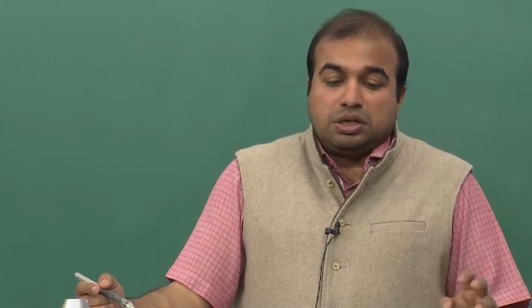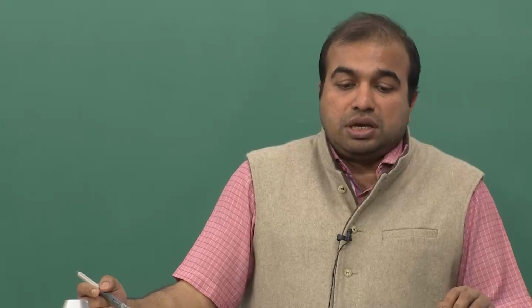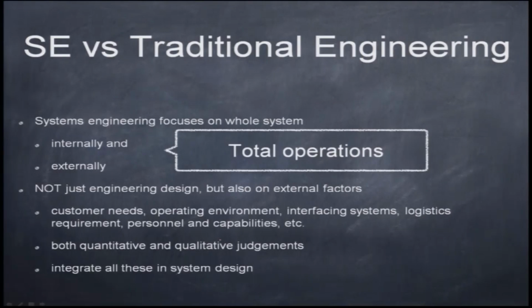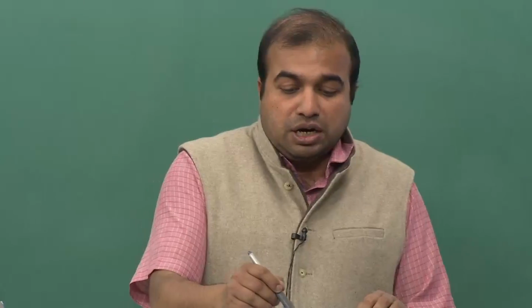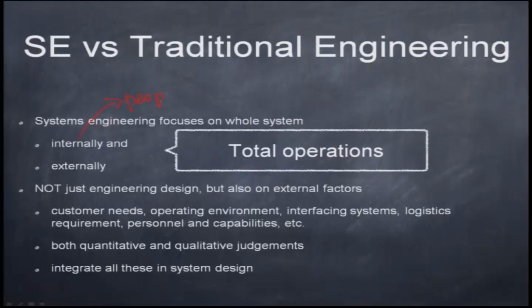So, quickly we will talk about how the systems engineering and the traditional engineering differs, and what are the similarities. The systems engineering always focuses on the whole system. It looks at the system internally, which is the people, processes and the products, sub-assemblies, and it also looks at it externally. So, the internal aspects is the people, processes and products or sub-assemblies, whatever you want to call it, whereas externally, that is the environment.